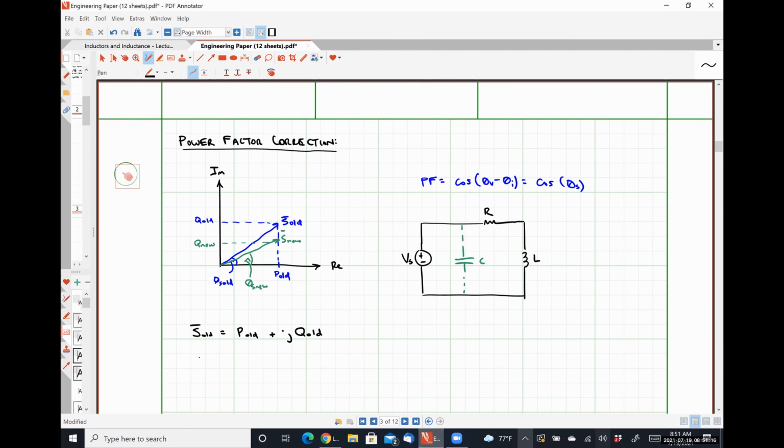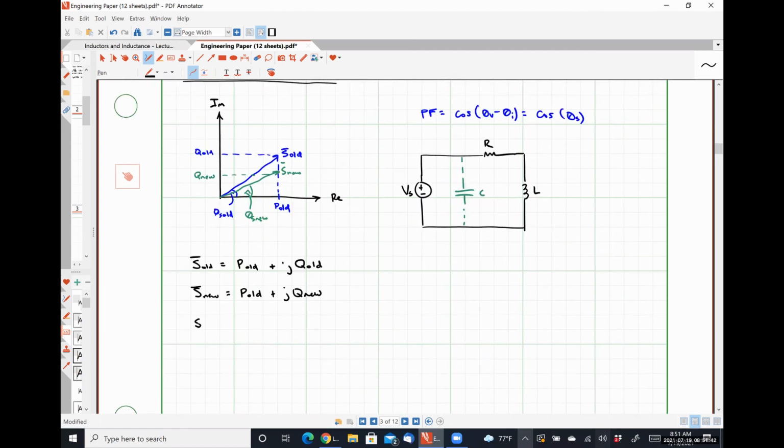And I can say that S new is P old, because we are not trying to change the amount of average power absorbed by our system in any way in the power factor correction process, plus jQ new.